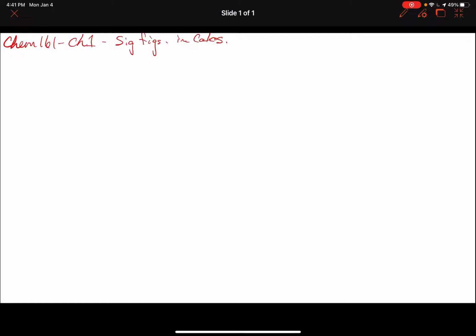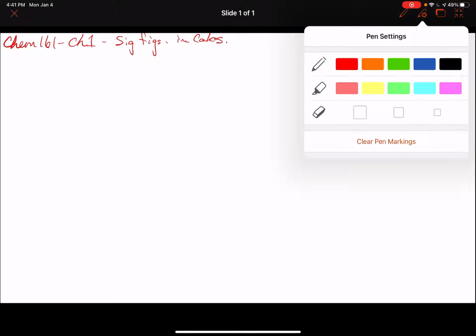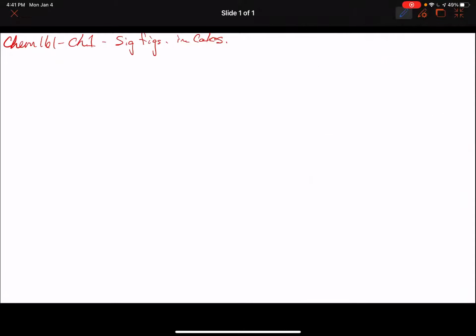So we have a couple of cases. One where our work involves only multiplication and division. Okay, so let's start there. Where we only work with multiplication and division.